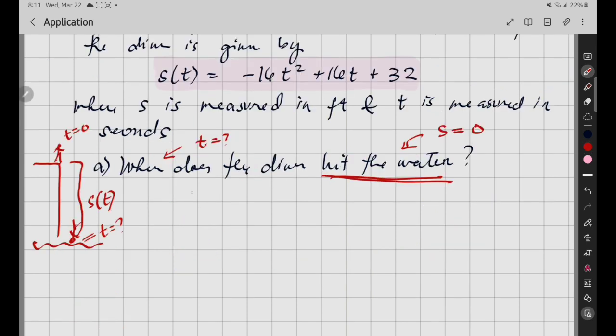So we can now solve. Let's start with the position function, negative 16t squared plus 16t plus 32. Since we know that our s is equal to 0, we simply equate this to 0.